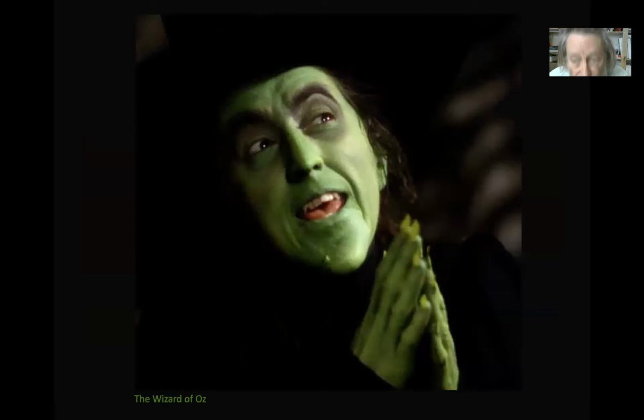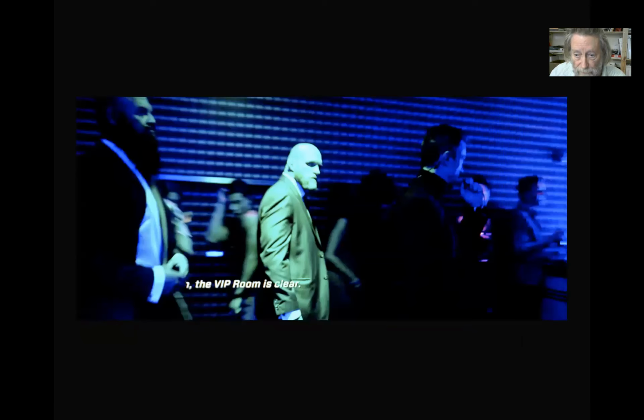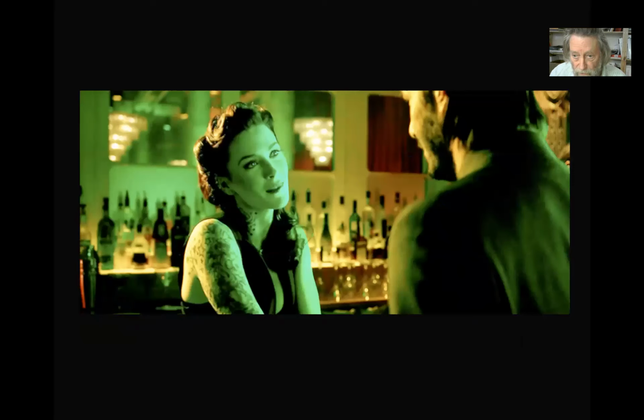Green as evil. In the movie John Wick, he is a highly capable killer, and all these people want him dead. You can see they're portrayed in green. Evil is dangers all around him. It takes many forms.